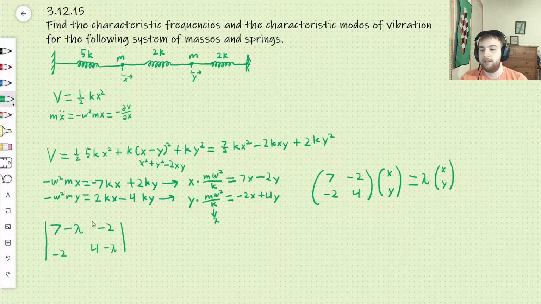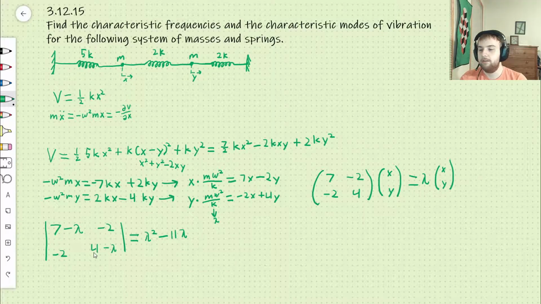And solving the determinant gives us lambda squared, then we have a minus 4 and a minus 7, so that means minus 11 lambda.